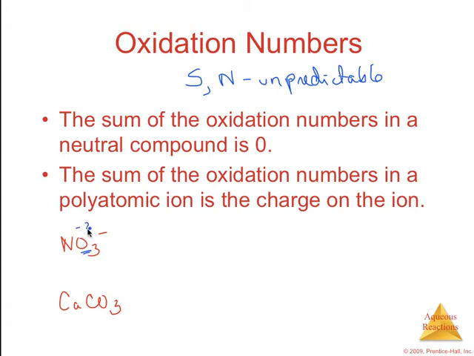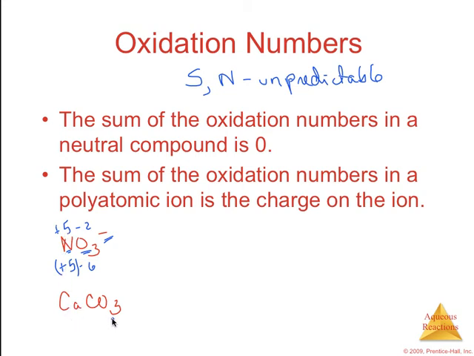Oxygen, typically a -2. I have 3 oxygens, so this total is a -6. What we want to see is what does nitrogen have to be so that when I add its oxidation number to -6, I get the overall charge of the polyatomic, which is a -1. Hopefully you can see that this must be a +5. There's only one of them, so it must be a +5 oxidation number.